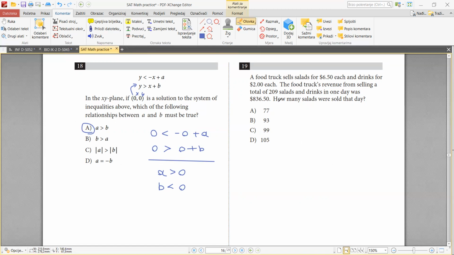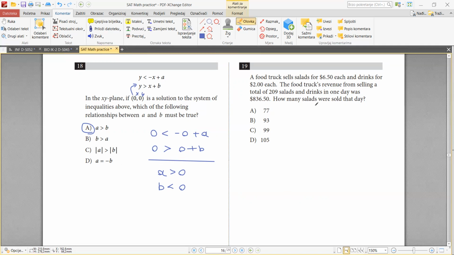Question number 19. A food truck sells salads for $6.50 each, and drinks for $2 each. The food truck's revenue from selling a total of 209 salads and drinks in one day was $836.50.